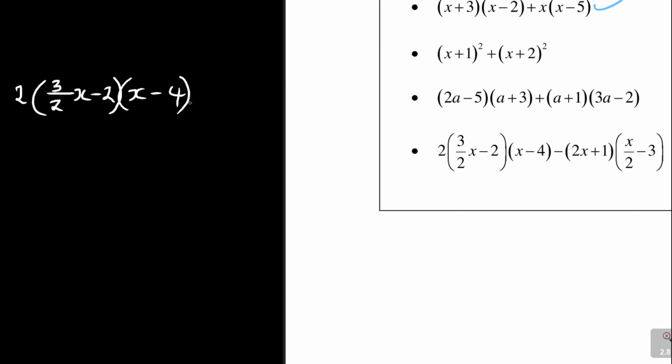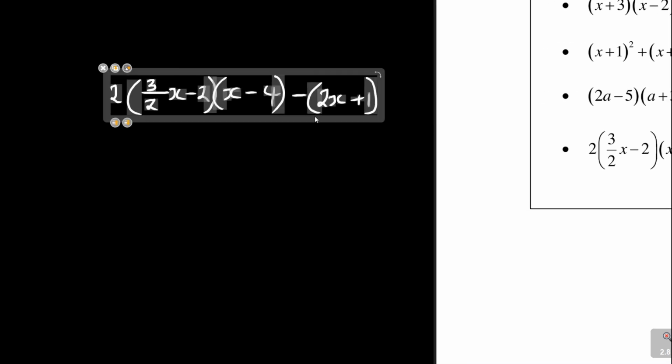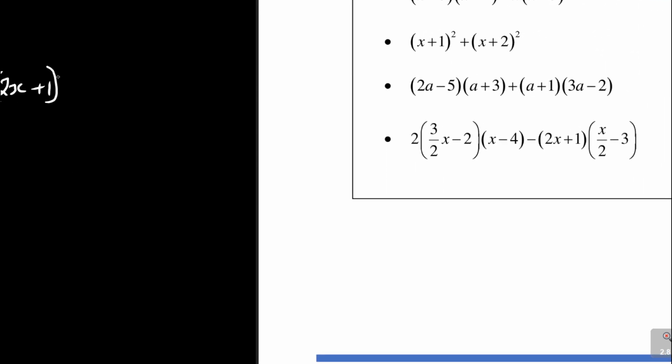Then minus, and then I've got 2x plus 1, close that bracket. I need to bring this in a little bit further, and then it is multiplying x over 2 minus 3. Let's look at this.